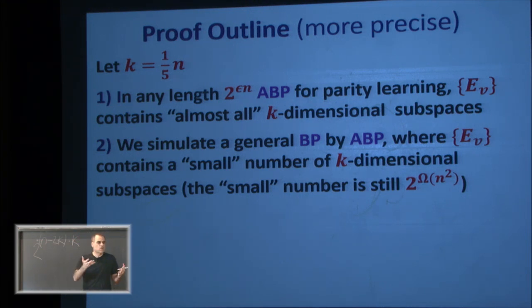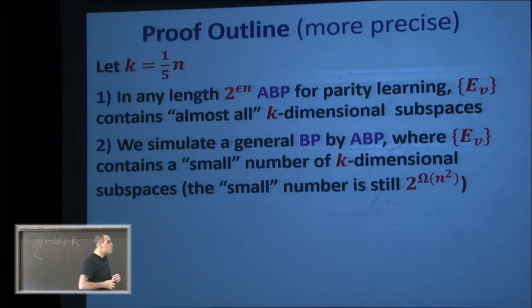And by almost all I don't mean 1 minus epsilon. I mean that it will be 2 to the n minus 2k times k out of 2 to the n times k. So the logarithm will be almost all. It's not exactly almost all. So this is one thing that we already sketched.